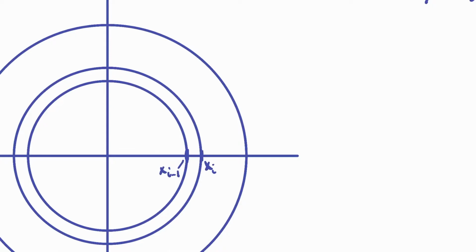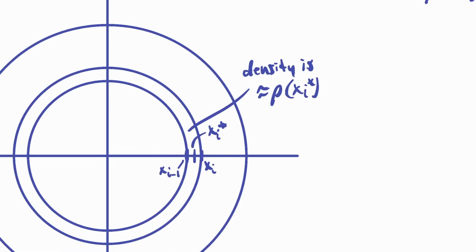So I'm going to mark here's xi star, okay? And we're going to use that to mark the density. The density, we'll say, of the entire ring is about rho of xi star. We'll use it as a representative, right?